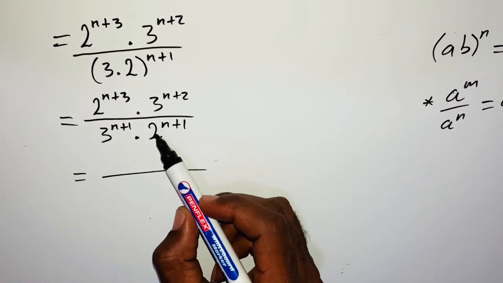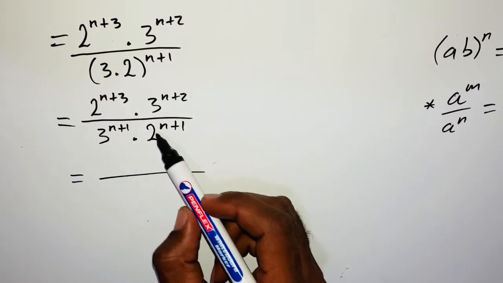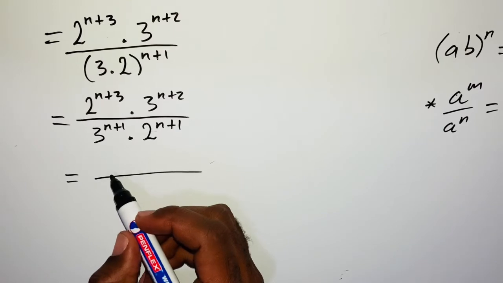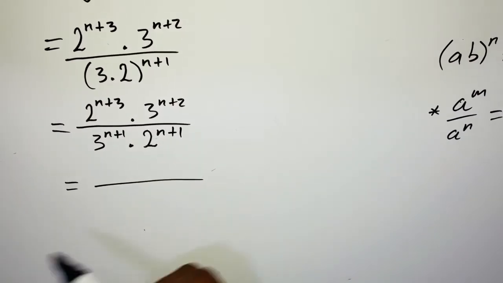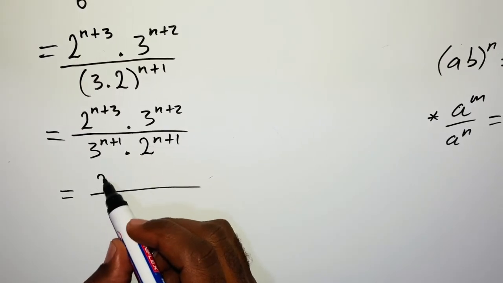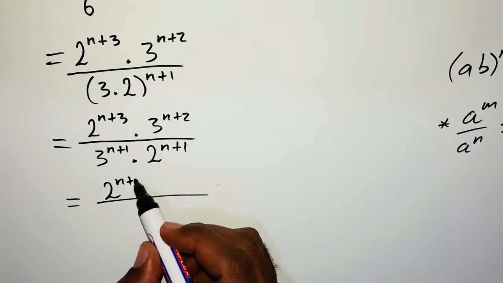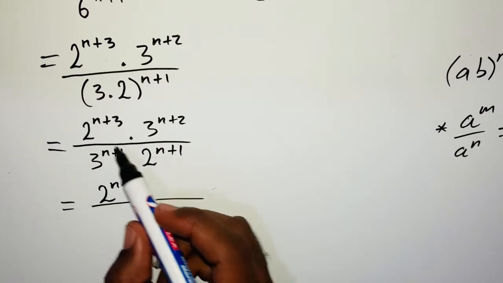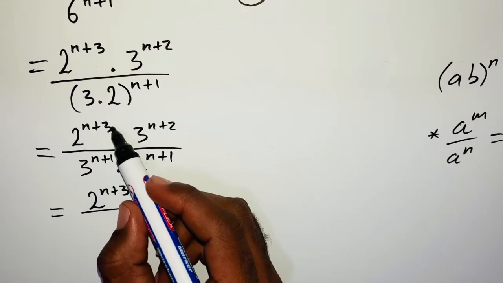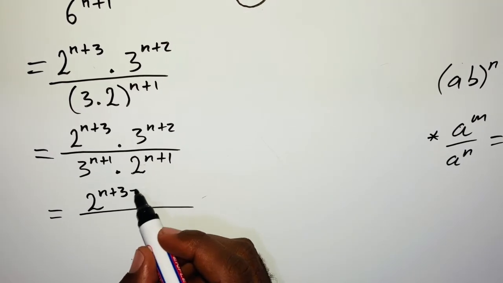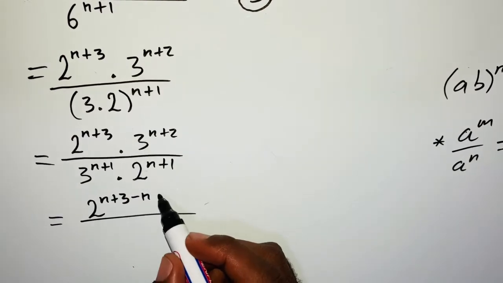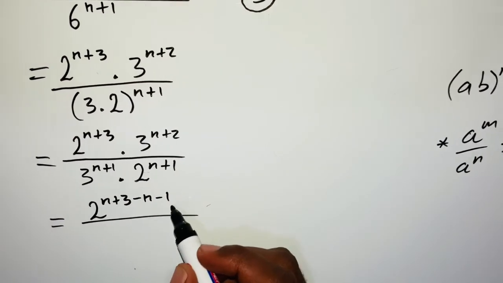So these are of the same base. So we can express our 2 in the form 2 to the n plus 3, then I'm dividing things of the same base, I subtract the exponents. I take my n to the top, it will be a minus n. I take my 1 to the top, the sign will change to be a minus 1.